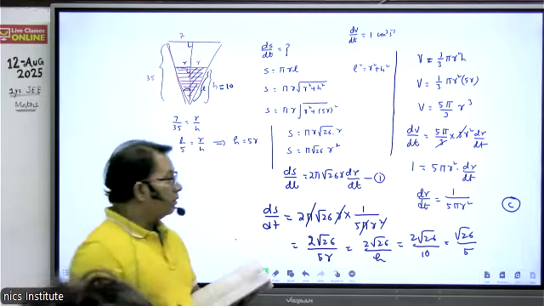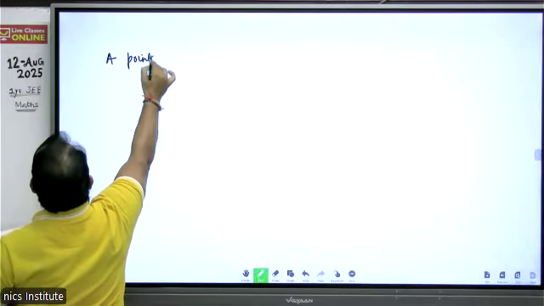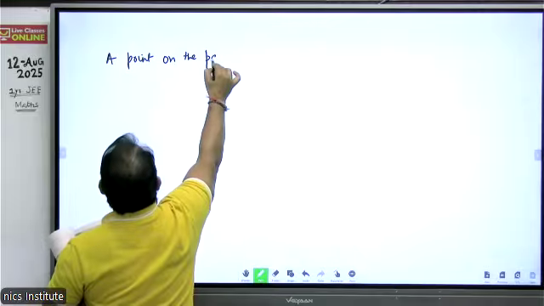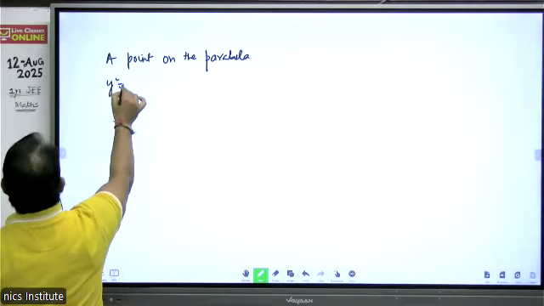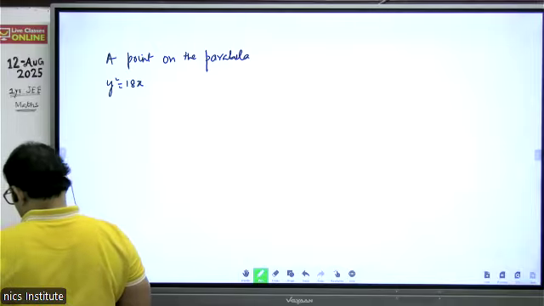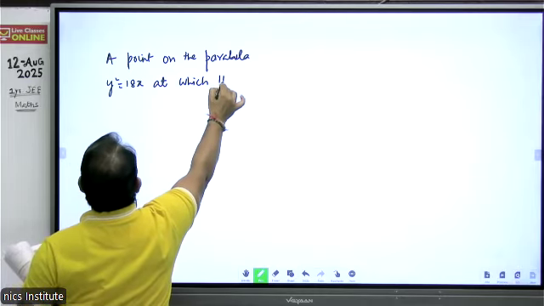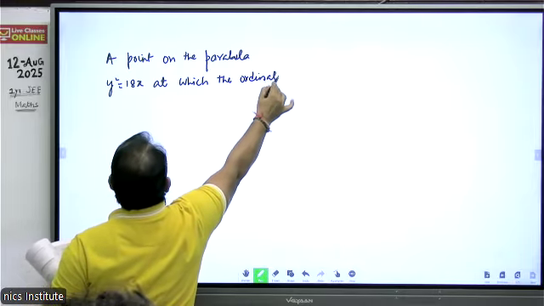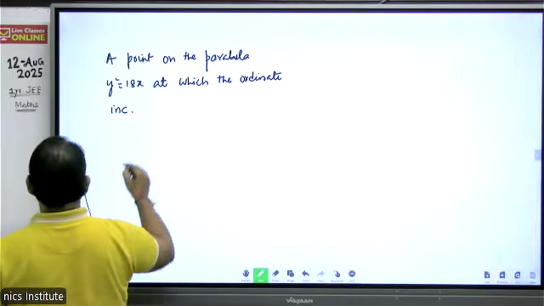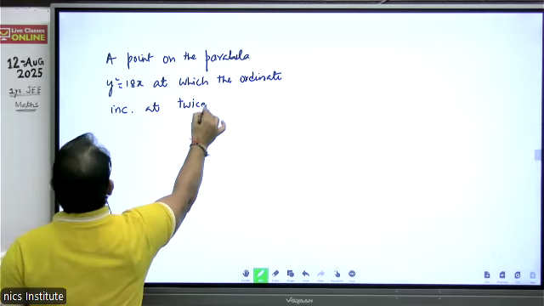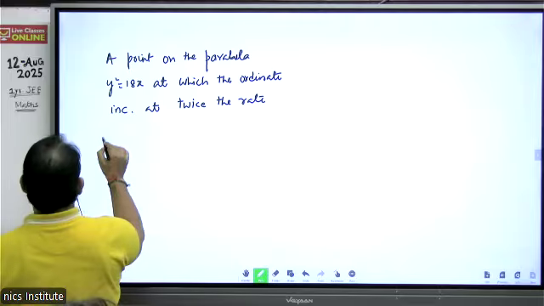Next question. A point on the parabola y square is equal to 18x, at which the ordinate increases at twice the rate of the abscissa.